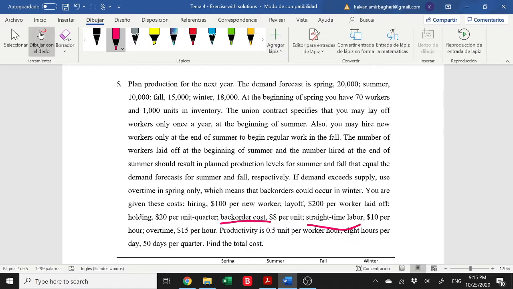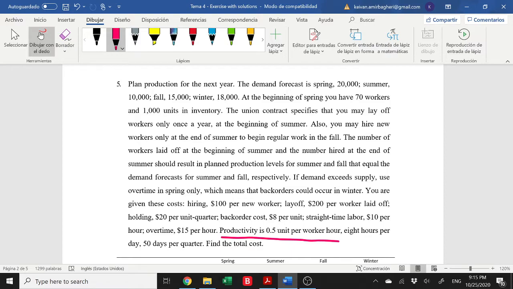Straight or regular time labor is $10, while overtime is $15 per hour. Obviously, we pay more money to our workers when they work out of the regular time. So the last line, productivity is 0.5 units per worker hour. What is the meaning of that?